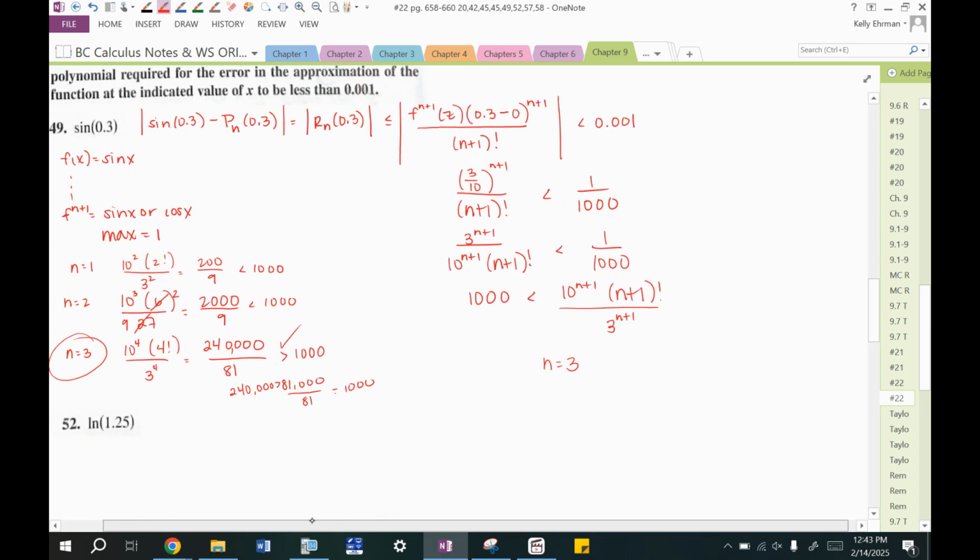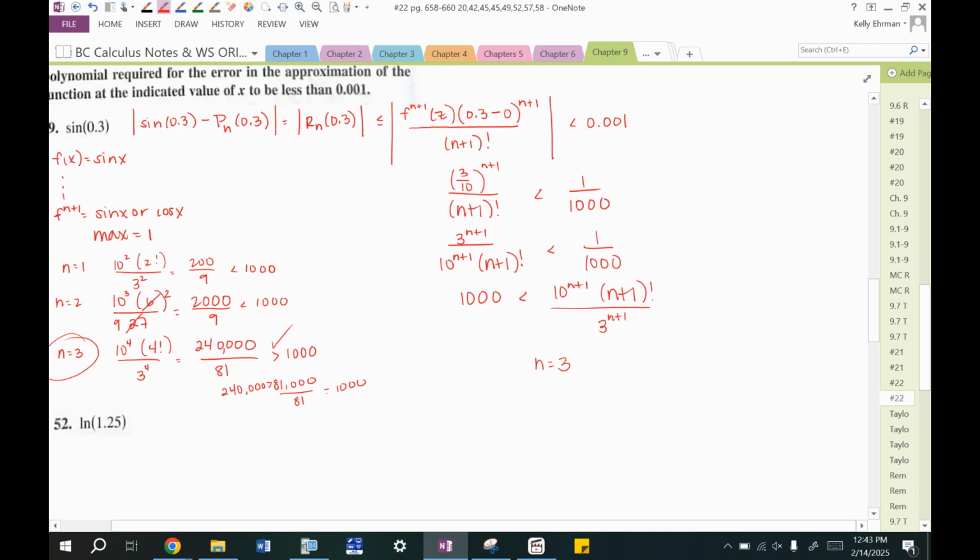Now with sine and cosine, remember the Maclaurin polynomial for sine is all the odd powers of x. So x minus x cubed over 3 factorial plus x to the 5th over 5 factorial. It keeps going. So what if I got that n had to be 4? If n is 4, that would be the 0 term. There's a 0 x to the 4th over 4 factorial. So if I got n equals 4, then the degree would still be 3.